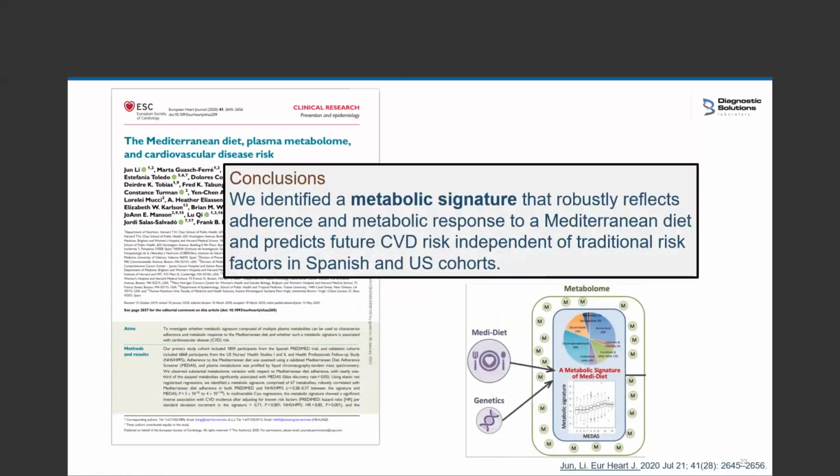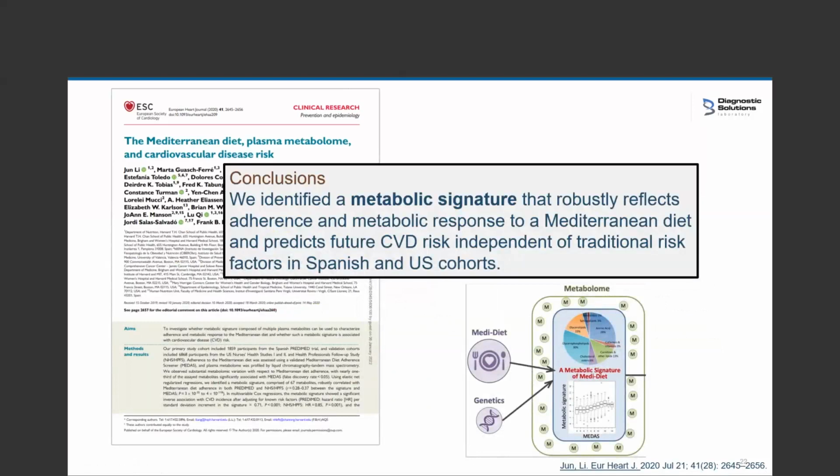This study actually went further, and they looked at diet and used metabolomics and genetics to assess a metabolic signature. It's the first to develop a metabolic signature for the Mediterranean diet based on metabolomics profile. They are demonstrating that the level of dietary adherence, along with an individual's response to diet, can be objectively measured.